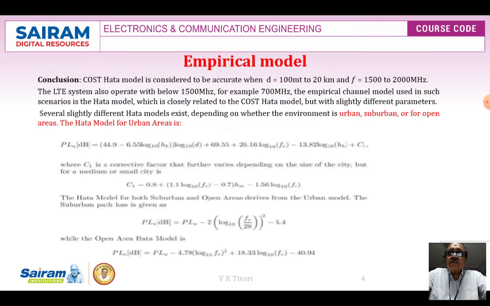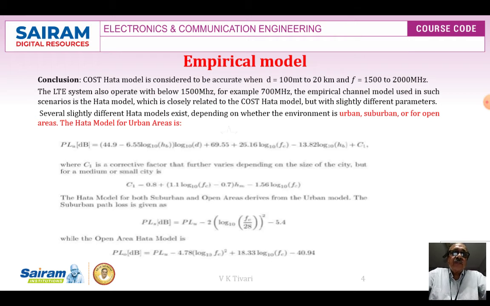As a conclusion, LTE systems also sometimes operate below 1500 megahertz, for example 700 megahertz, and then the frequency losses are very small. But when LTE uses high frequency from 1500 to 2000 megahertz, then frequency losses are more.